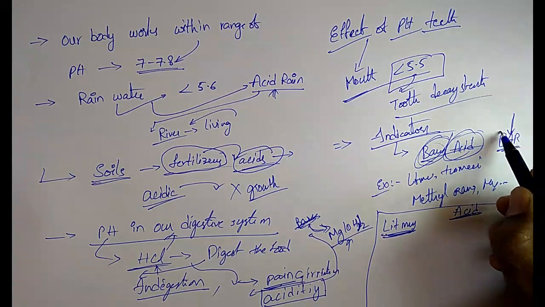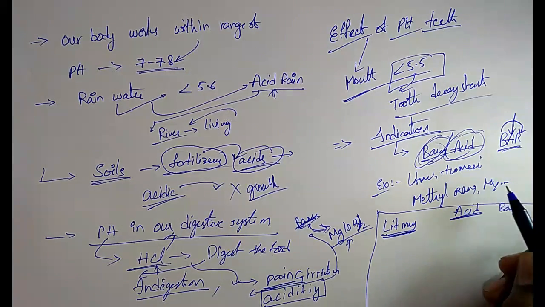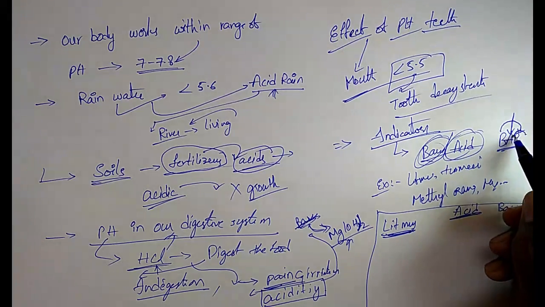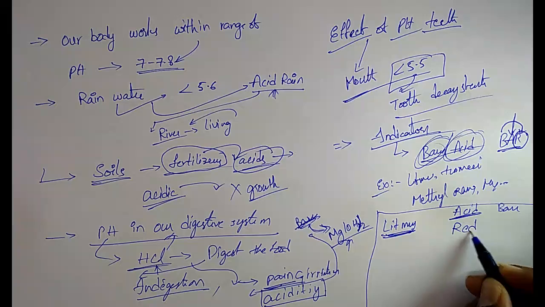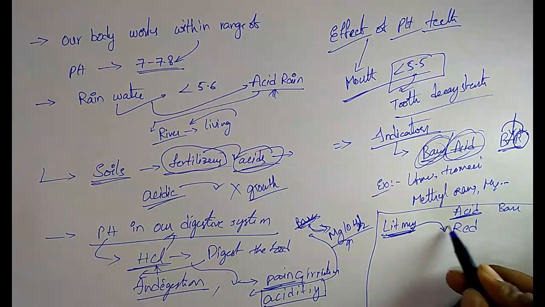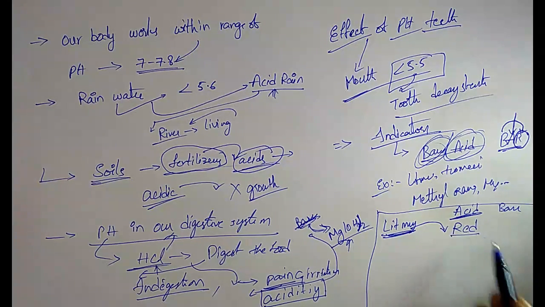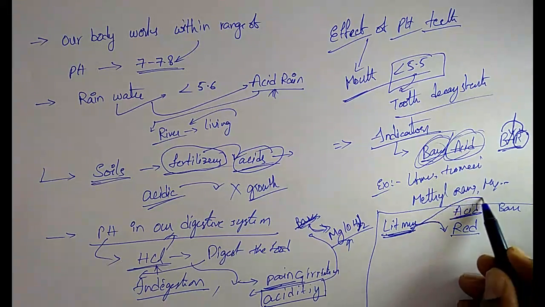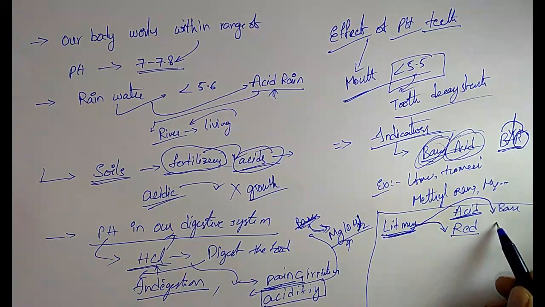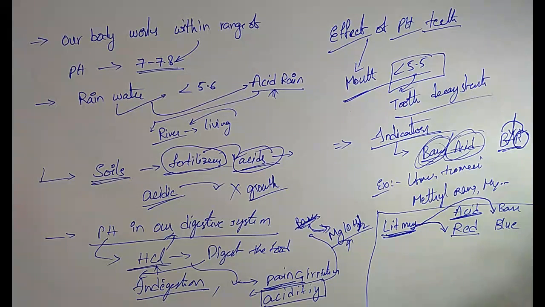Acid converts blue litmus to red litmus. So if you put litmus into the acid, it will convert to red. If you put the same litmus into the base, we will get the color blue.